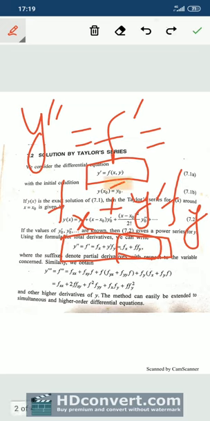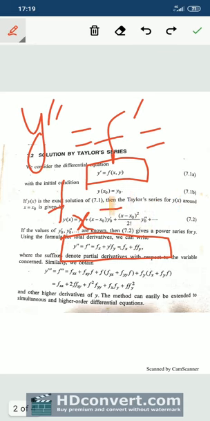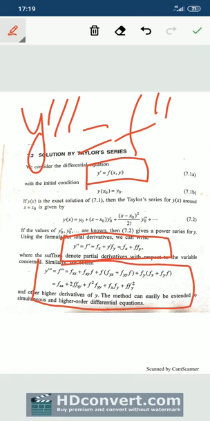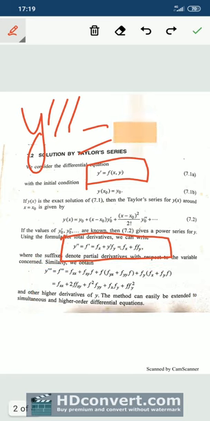So similarly, once you have your y double dash, you can find out y triple dash. What will be y triple dash? Similarly, y triple dash will be again the derivative of f double dash, and that we can find out again using the chain rule that is given here. And consequently, if you successively differentiate, you will get all the higher order derivatives.